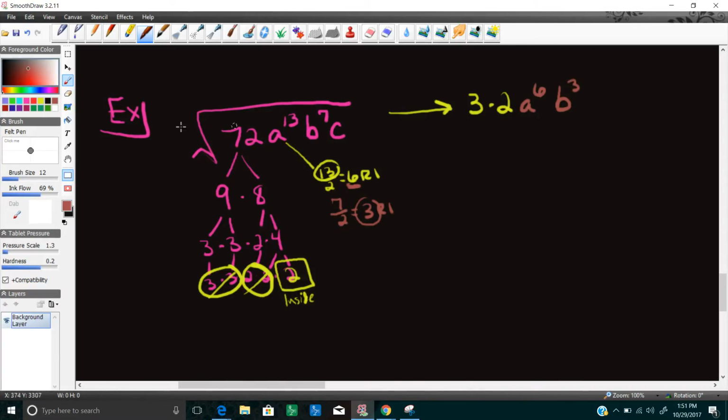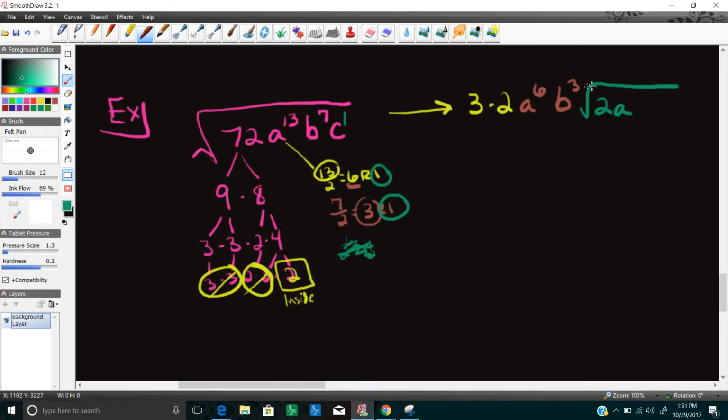And finally, for c, I only have a 1. There's no pairs at all. 1 divided by 2, that's a fraction. That's just 1 divided by 2, so we can't do anything with this one. So this one's probably going to just stay inside. Okay. So here's what it will look like. We have that 2. We have 1a.